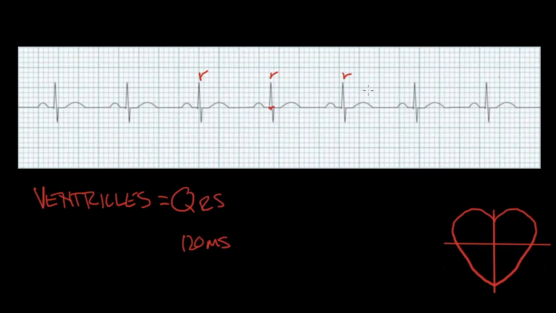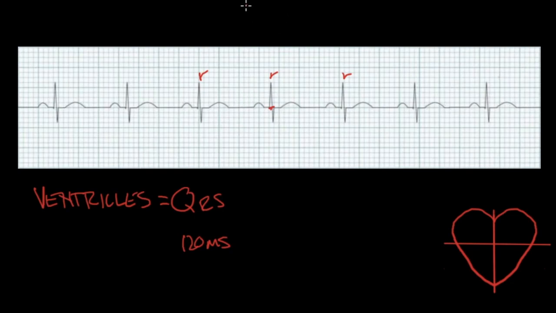After that, I'm going to look at my rate. Now, most 4-lead strips will print out a 6-second strip. But actually, if we looked at this one closely, we could find that it's a little shy.